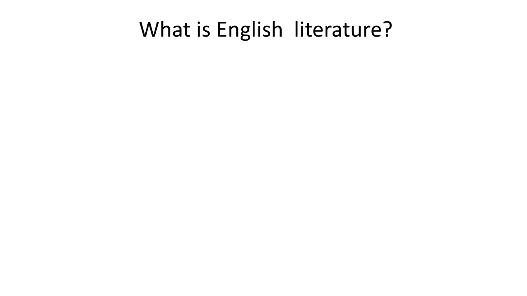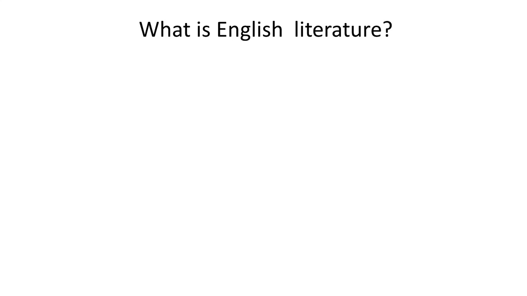And we have American literature that is written in English, but that is written in American English, and that's written in America. And likewise, you have English literature in Australia also, but that is not considered as English literature. It is considered as Australian literature because it's written in Australia.